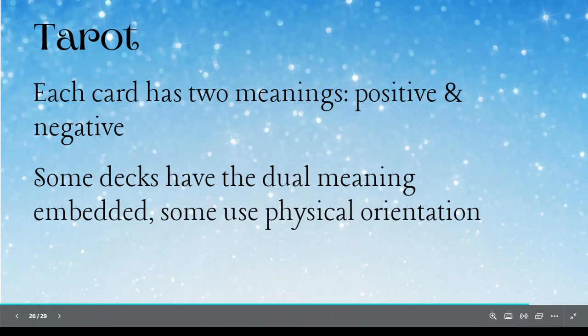So each card has the light and dark portrayed on it, so you don't have to worry about upside down or right side up. It just depends on the deck. And I think however you do the reading, if you like to do upside down, if you like to consider that, that's good too. My deck won't do it because you would just shuffle them one direction, and you probably would not be picking them upside down.